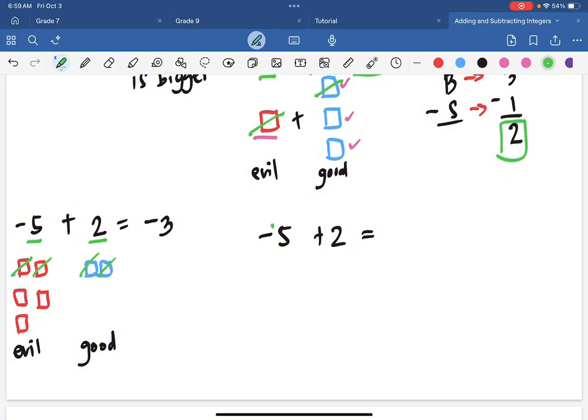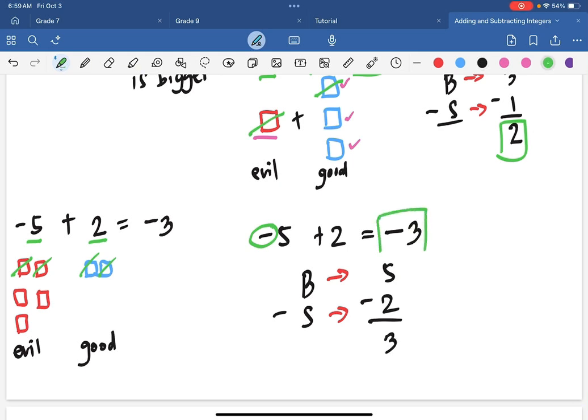The sign for 5 is negative, which means we can expect that the result would be negative as well. Now, going back to the bigger number minus the smaller one, regardless of what signs they have, the bigger number is 5, and then minus the smaller number, which is 2. So we are left with 5 minus 2, which is 3. So it's just similar to the one we had on the left side.